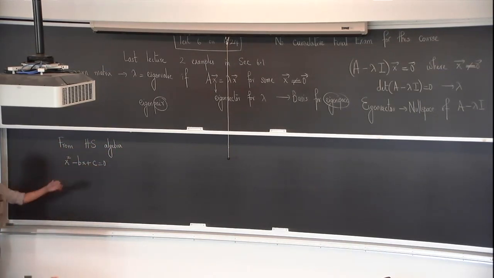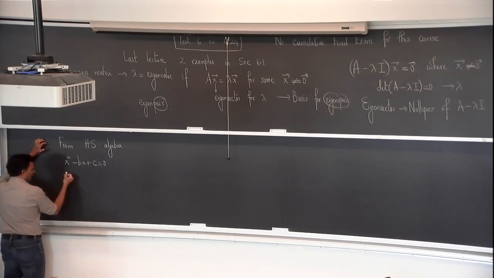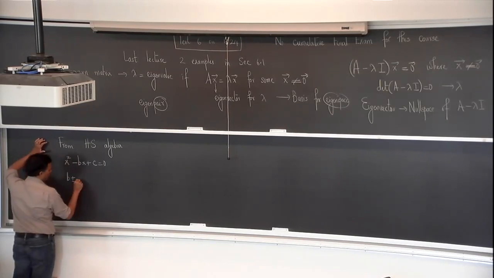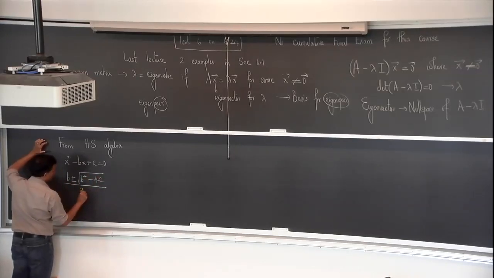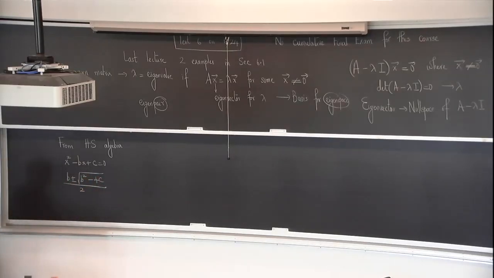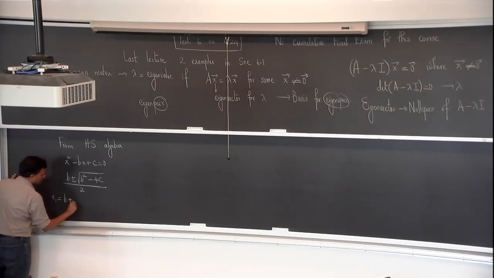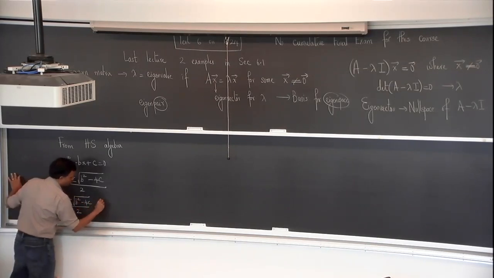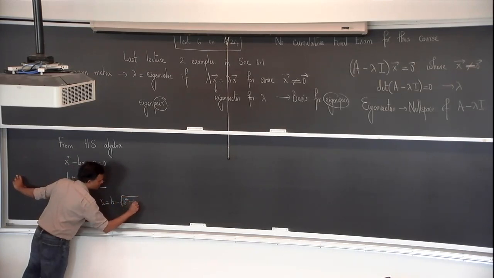The roots of this are given by, of course, you know this, b plus or minus the square root of b squared minus 4ac divided by 2. So you have two roots here. You can call these r1 equal to b plus the square root of b squared minus 4c over 2, and r2 equal to b minus the square root of b squared minus 4c over 2.